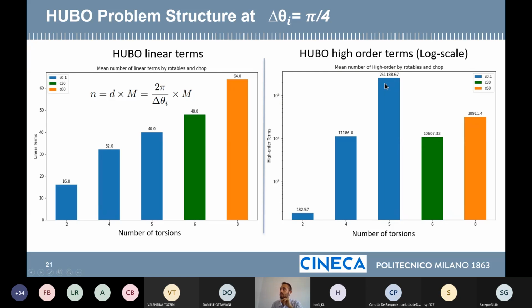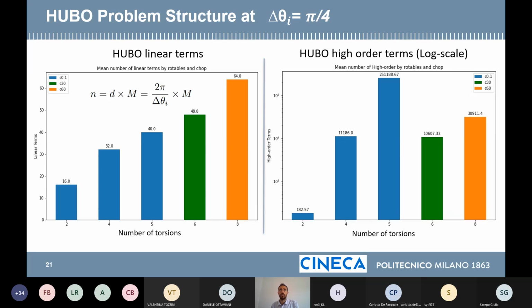So the idea that we have is to apply some approximation on the HUBO. In order to solve this real world problem, we need to approximate the HUBO because it's too large to handle. So basically we use this function that we call the chop, which means we delete terms in this very huge polynomial, all the terms that were very small.